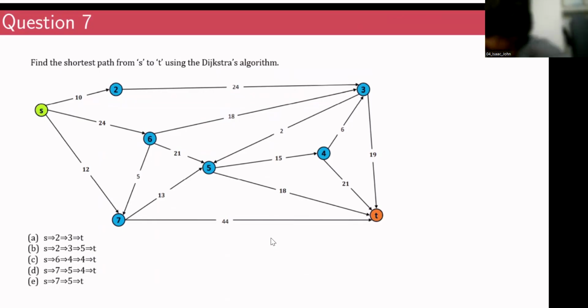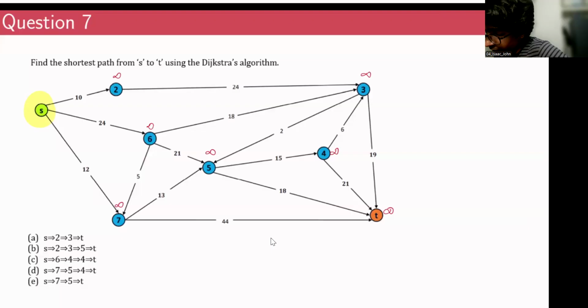As I was saying, we first assign a very high path cost to all the nodes at the beginning, so we assign infinite path cost to all of these nodes. Then we try to expand the first node. All the neighboring nodes of the first node are node 2, node 6, and node 7. So we'll expand all the nodes from node 2, node 6, and node 7.